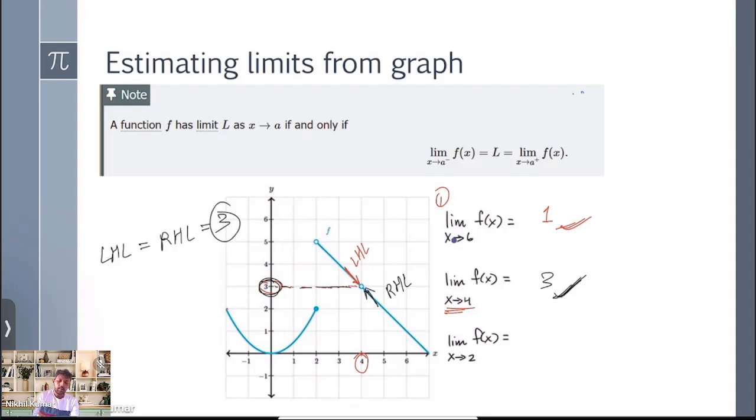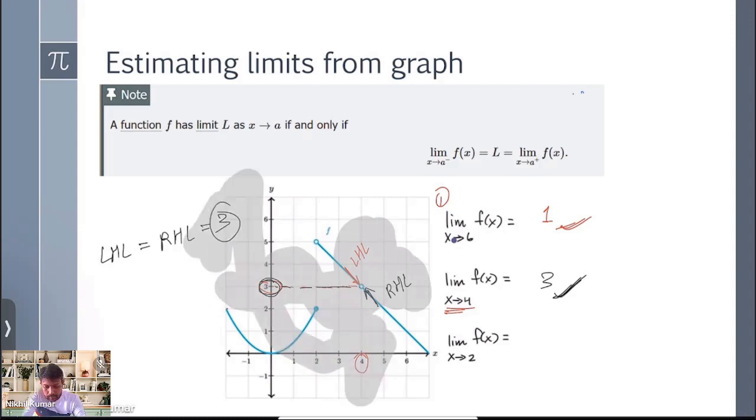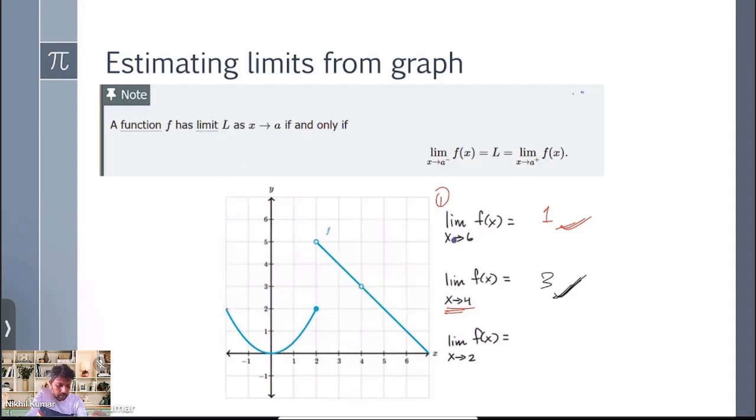Okay. Now we have one more question to answer. Let's wipe the slate clean and get started with the third question. All right. As x approaches 2, now there are two ways to approach this number.